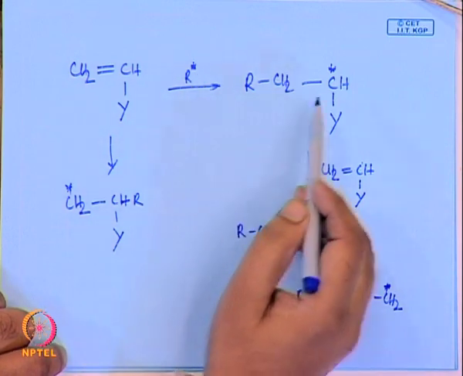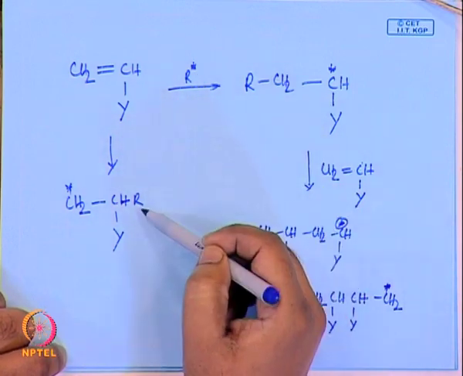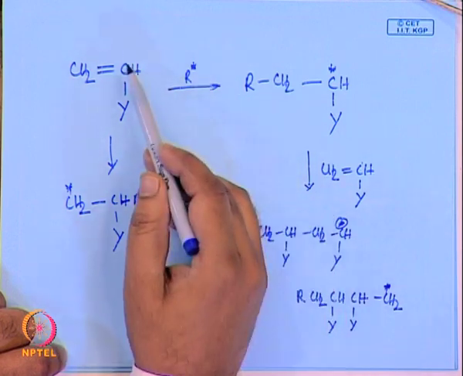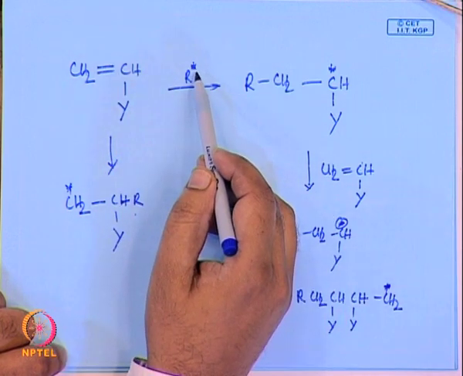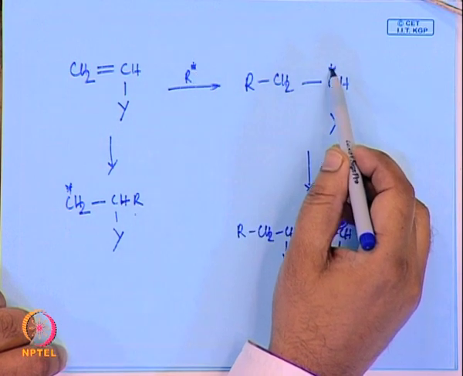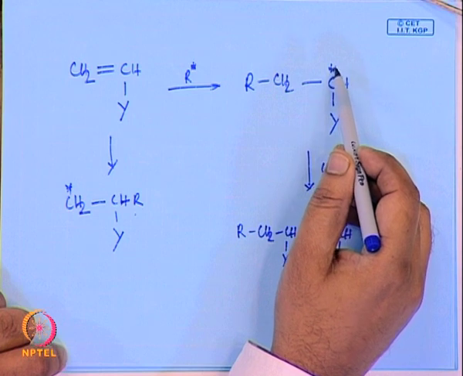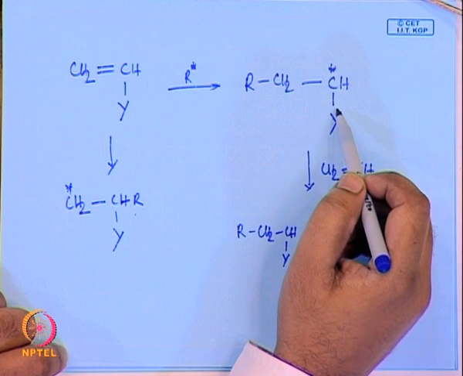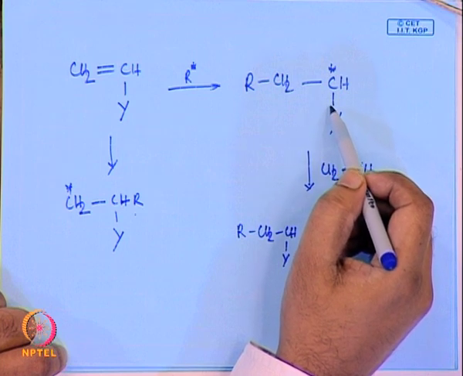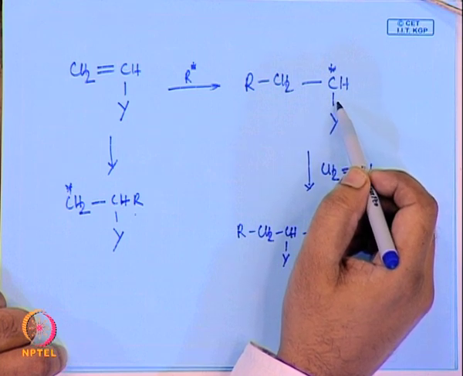Now, given these two structures, the fact that this monomer is reacting with this reactive species means that whether radical, cation or anion, it will get stabilized by the substituent Y present.